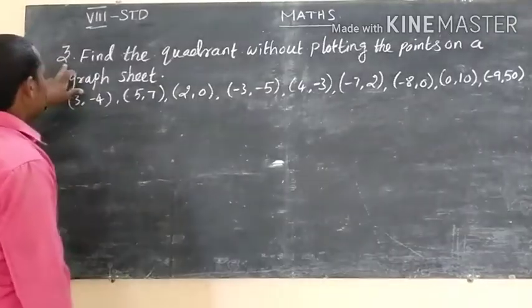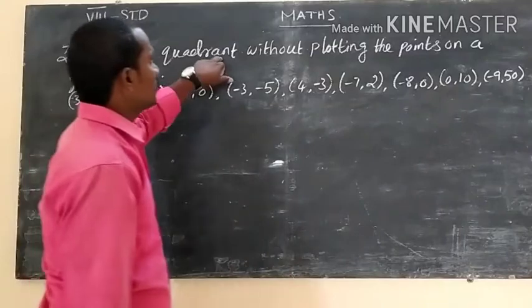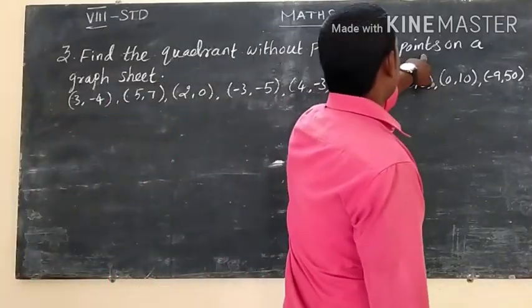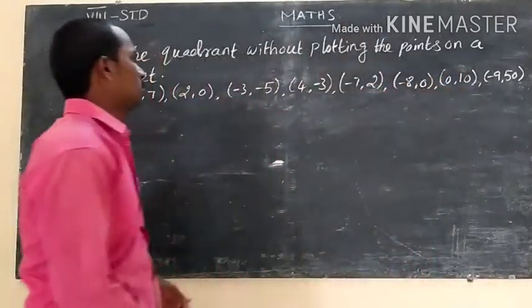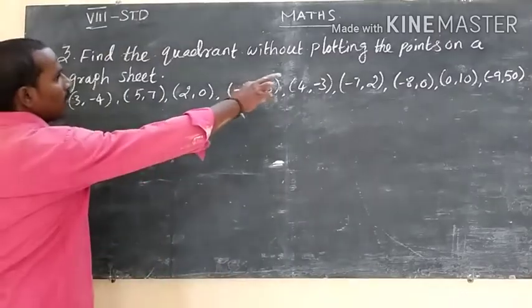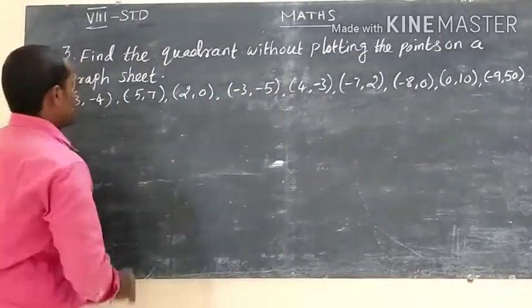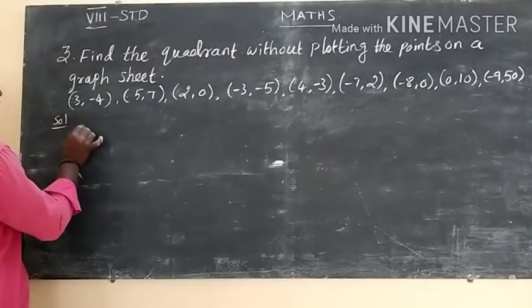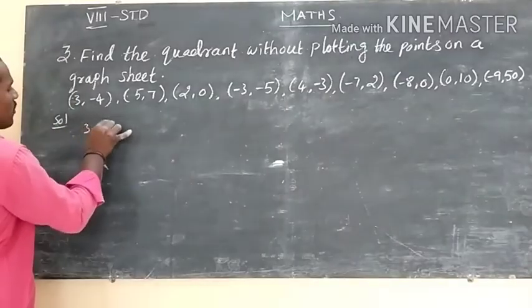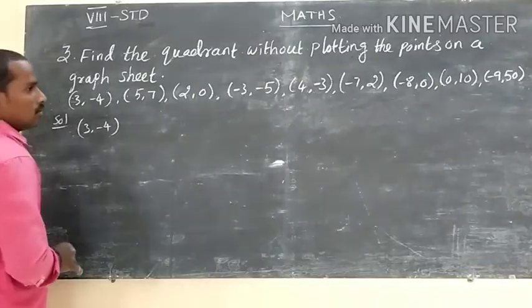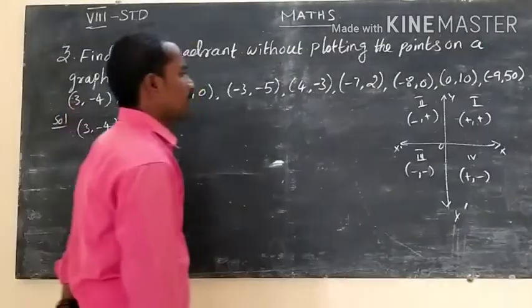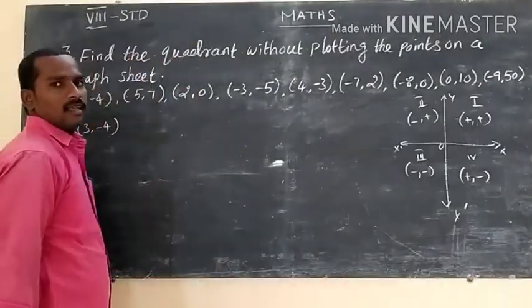Okay. Next, third question: find the quadrant without plotting the points on a graph sheet. So just write the quadrants. The solution, the first one, (3, minus 4). The coordinates have plus, minus signs. Consider the graph.